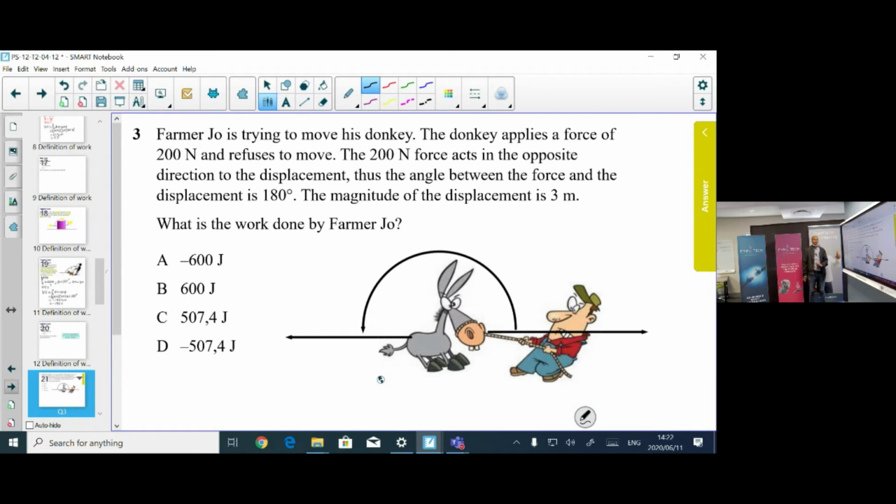If you don't have a device, I advise you to write down the given information, write everything so that you can just have something to refer to while you're doing your revision.